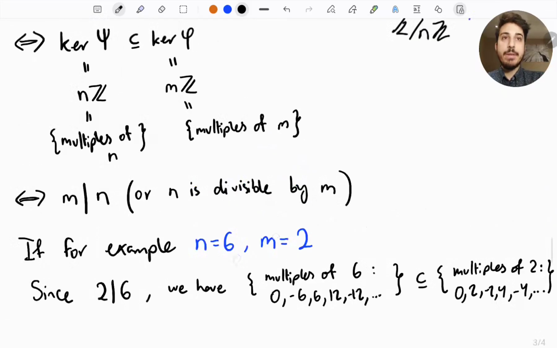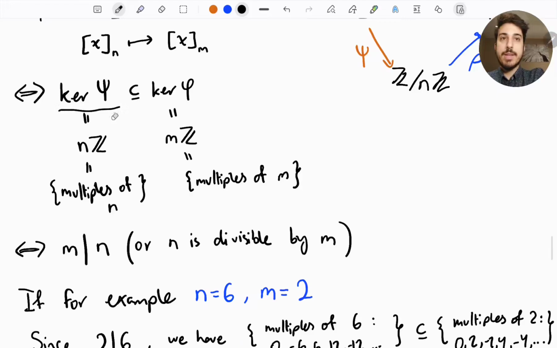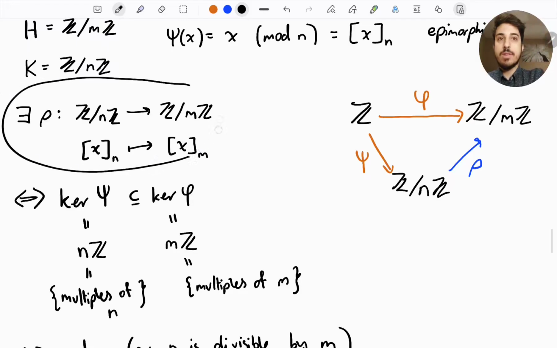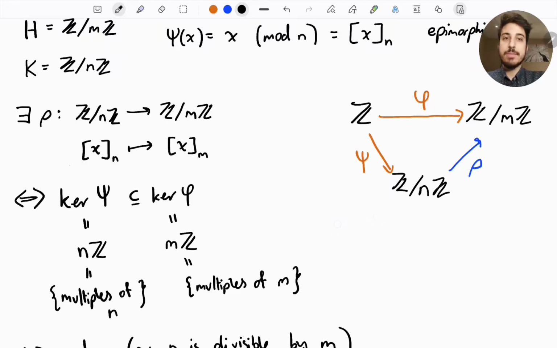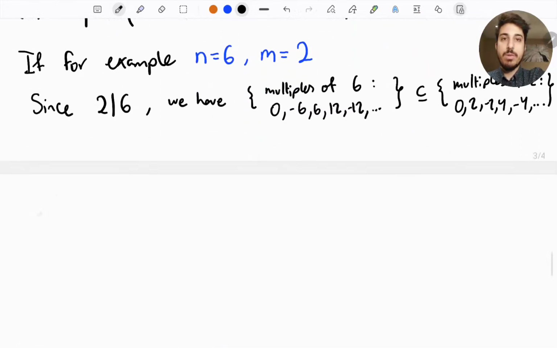So because we have that the kernel of psi is included in the kernel of phi, there exists this homomorphism rho giving us from an integer modulo 6, the integer modulo 2.